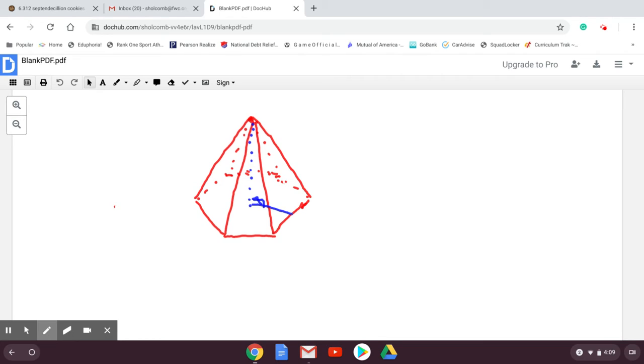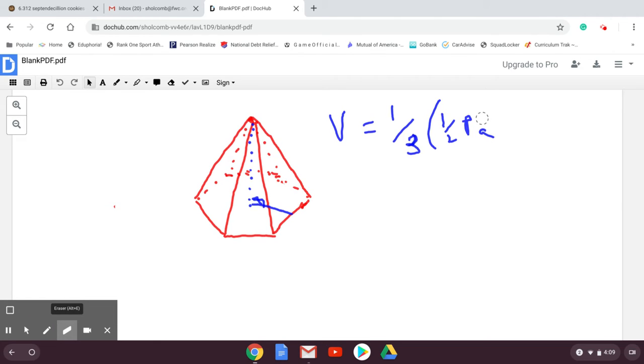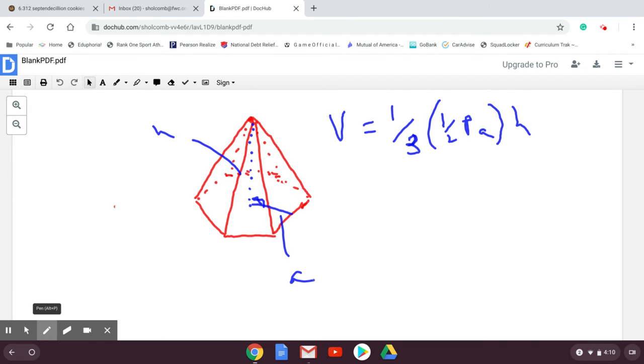And so my overall volume here is going to be 1/3 times 1/2 PA, with a lowercase a and a capital P, and then multiplied by the height, which is represented here. So there's my H, there's my apothem. My perimeter is based upon all of those sides times 6, and that gives you an estimate of how you would find it. So I'm not going to actually do a problem. I just wanted you to look at the possibility. I think you can figure it out by the previous things that we've done.